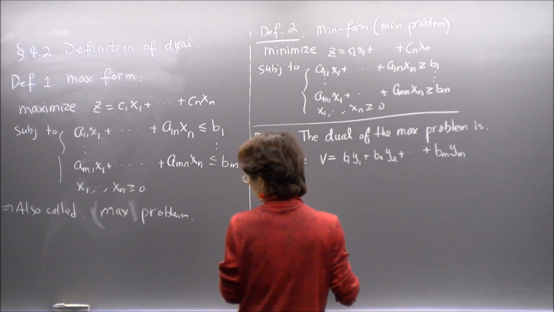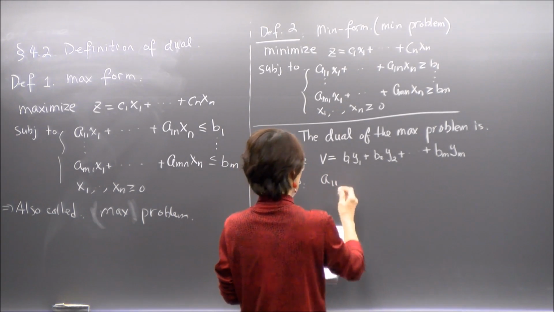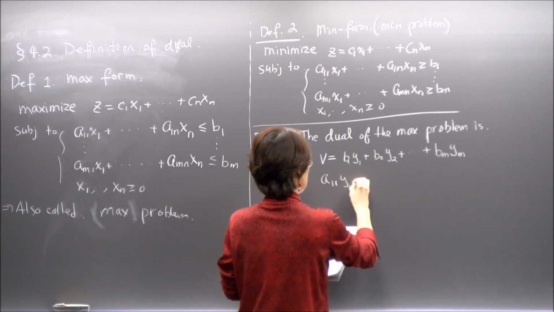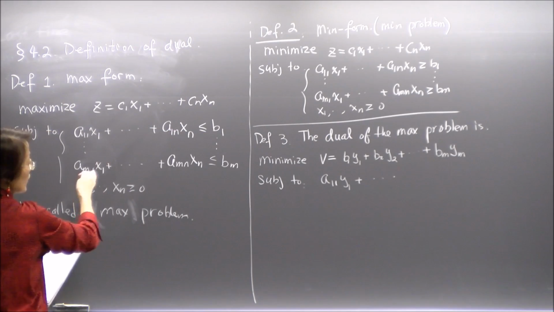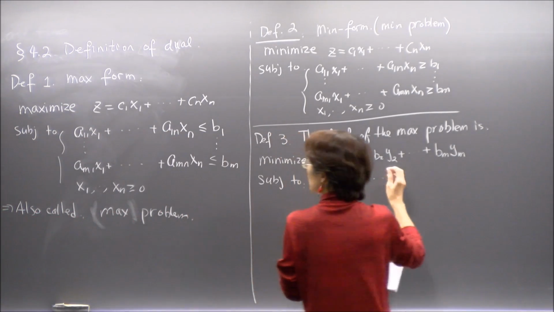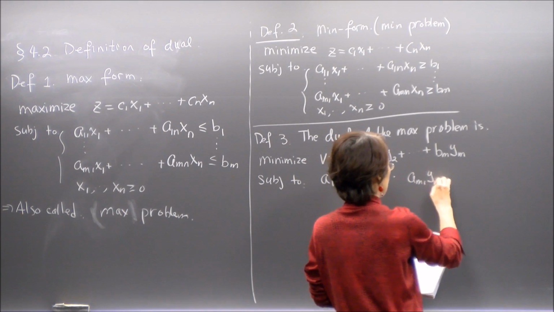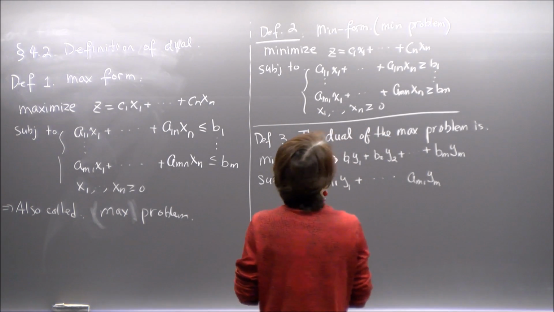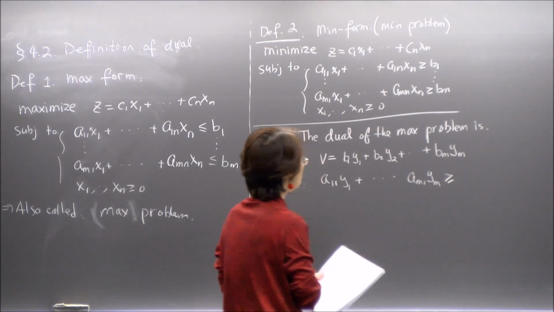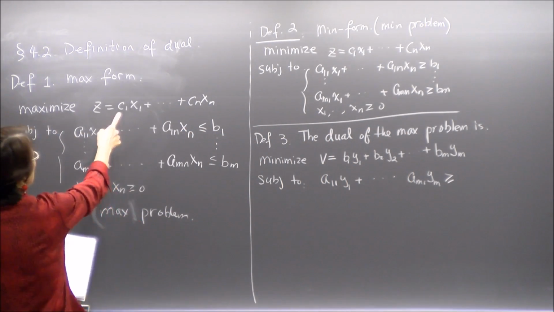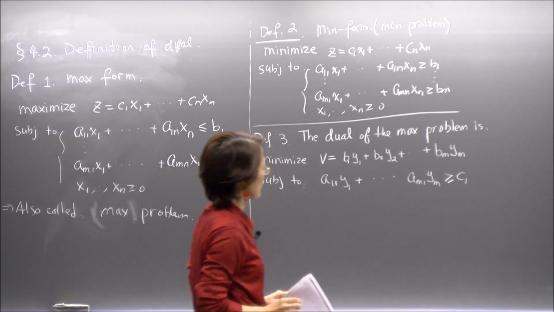Okay, I'm going to transpose that A matrix. I will write it a11 y1 plus. I'll take the first column. It will become the first row. So I have am1 ym. And I will change the inequality sign to bigger than or equal, and I take the coefficient here, c1. That's what I do.